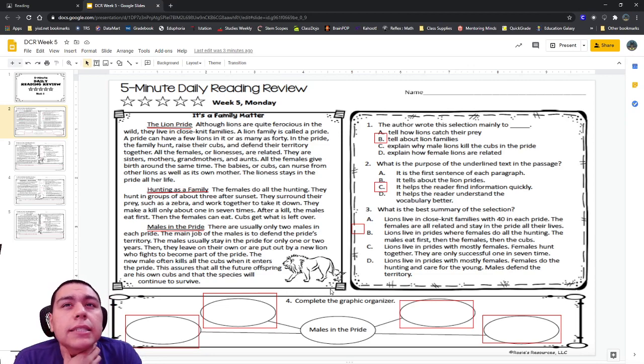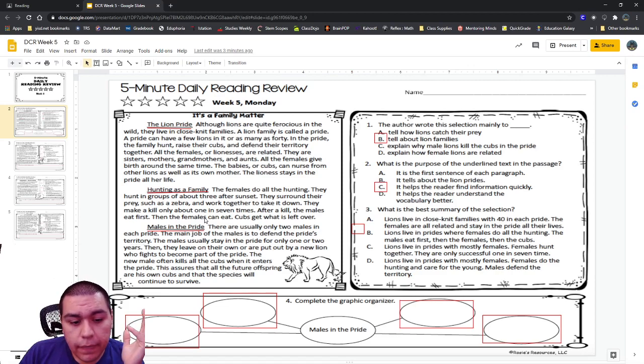B. Lions live in prides where females do all the hunting. The males eat first, then the females, then the cubs. That's not a bad summary, but that's only a summary of my second paragraph, because the second paragraph is where they talked about who eats first and second.